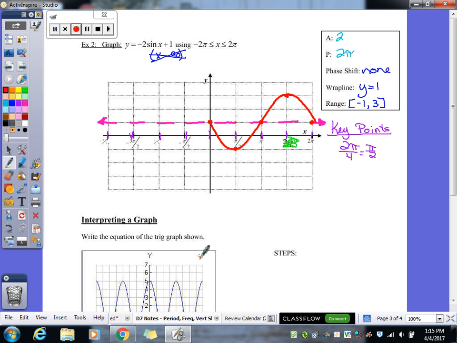So as opposed to normally going up, because it was negative, the sine curve went down first. And then again, we continue the pattern over on the other side. And that gives us our beautiful sine curve.